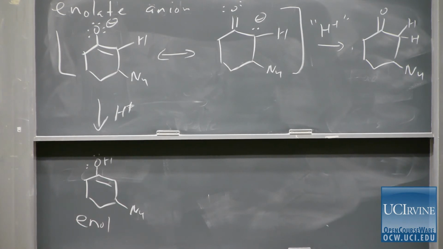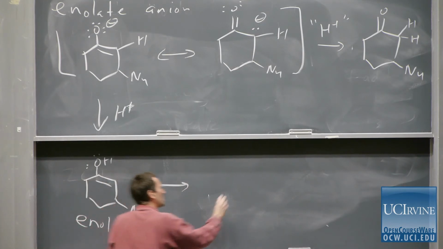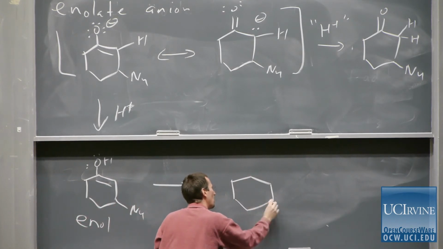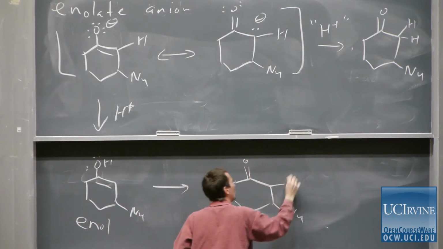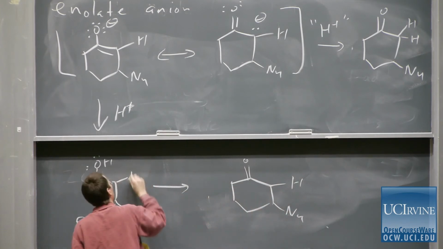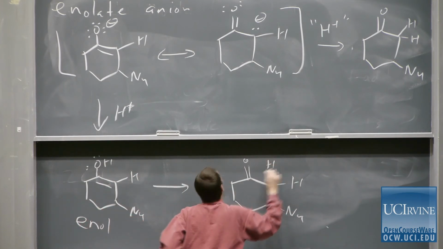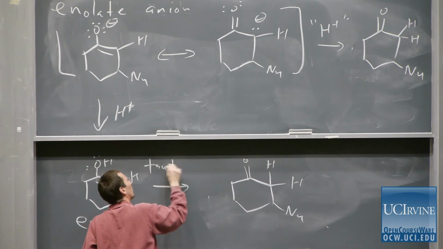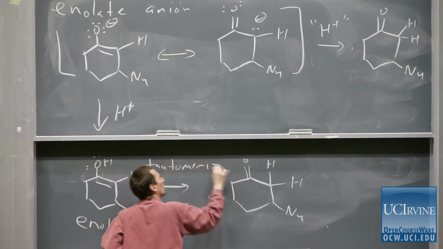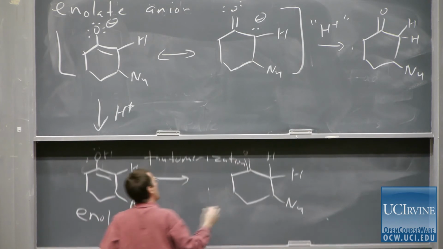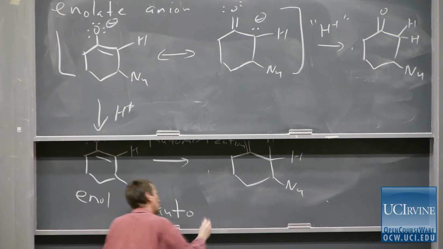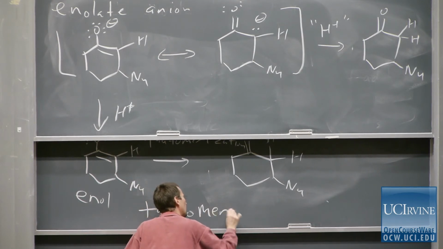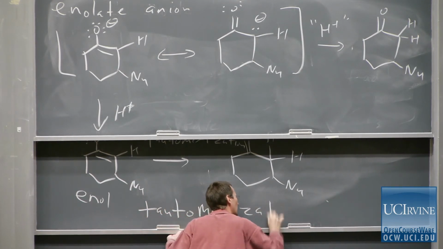And the enol is in equilibrium, or goes to form the ketone by a reaction which, again, you will be learning more about in chapter 23, called tautomerization. We call the ketone and the enol forms tautomers, and we call their conversion tautomerization.